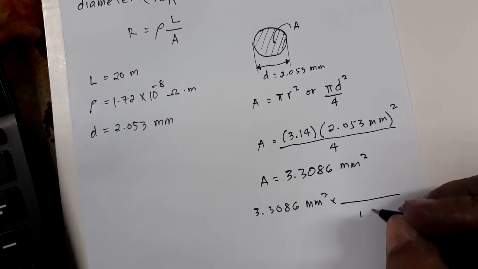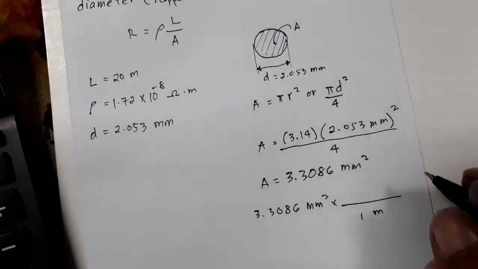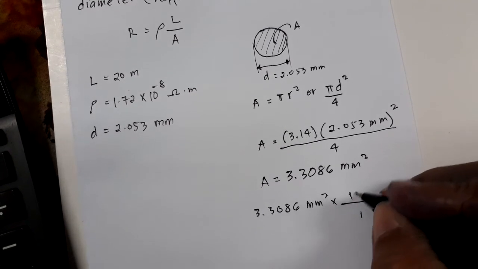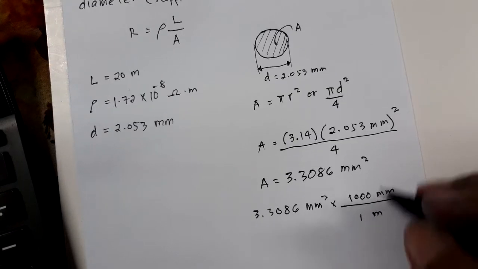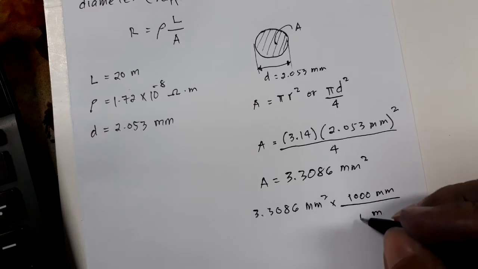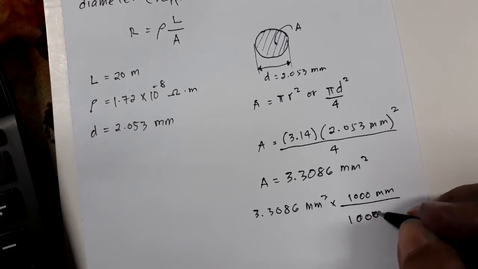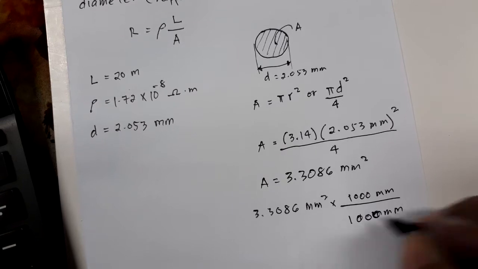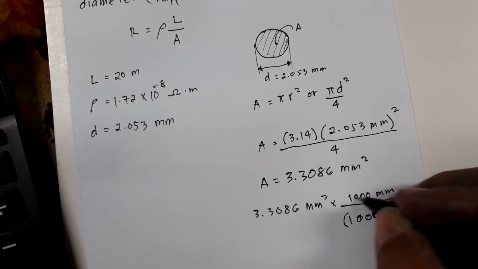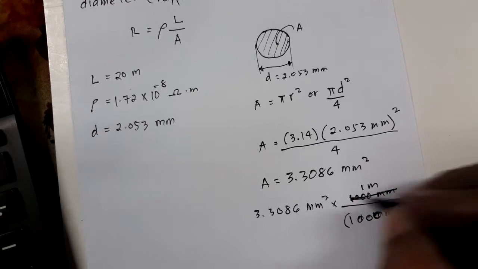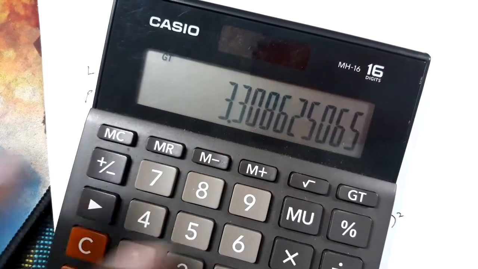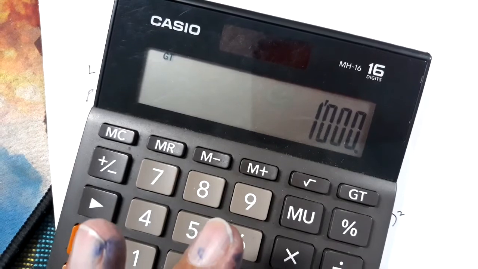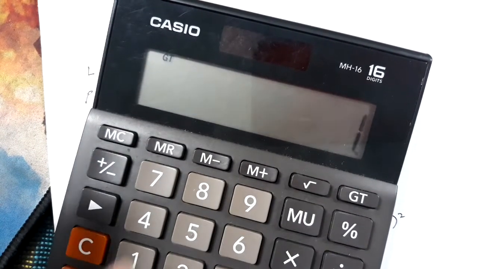Since this is squared, we need to square it, so we divide by 1000 and still divide by 1000.